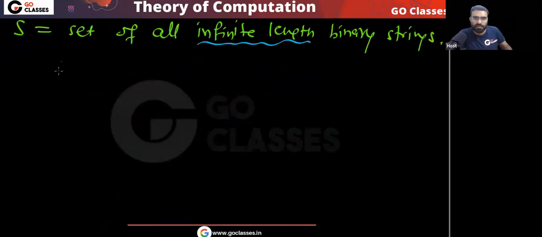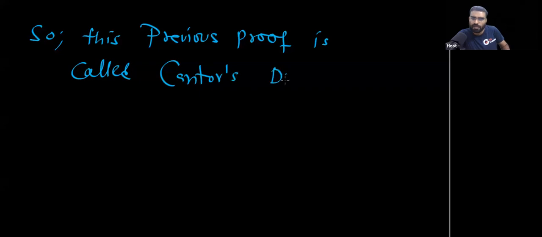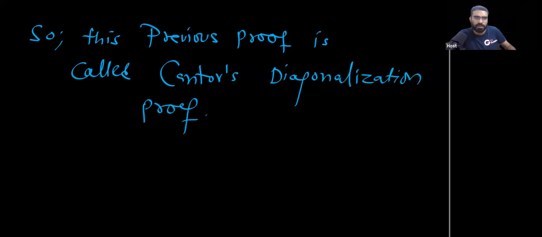So this previous proof is called Cantor's diagonalization proof. This is the simple idea.